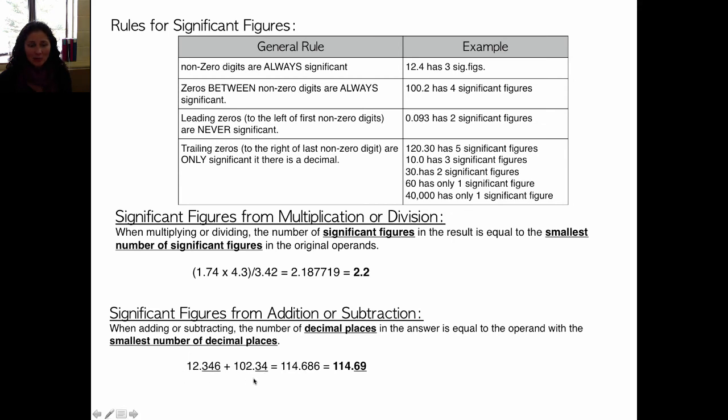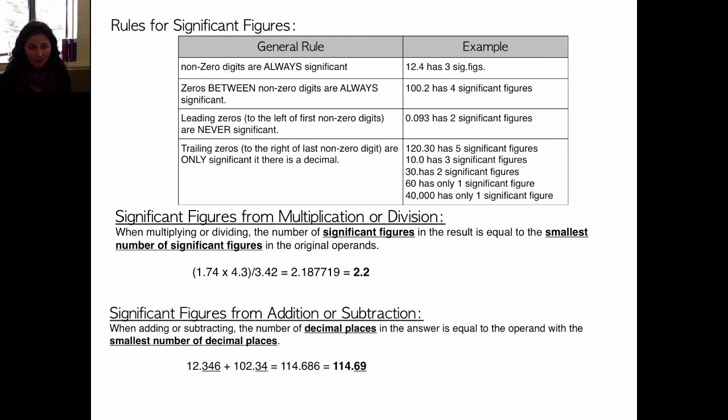We're adding these 2 numbers. In the first operand, there are 3 decimal places, and in the second operand, there are only 2 decimal places. Our answer is going to be limited by this number, which has only 2 decimal places. And so when we round our calculator answer, we need to have 2 decimal places to the right-hand side of the decimal.